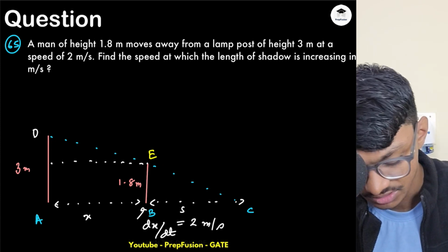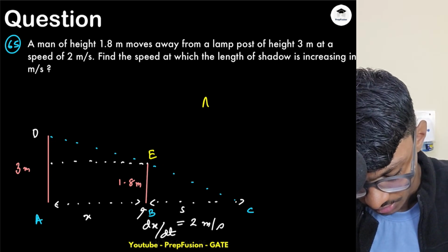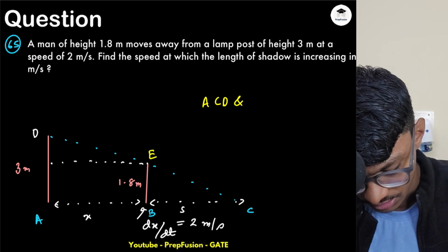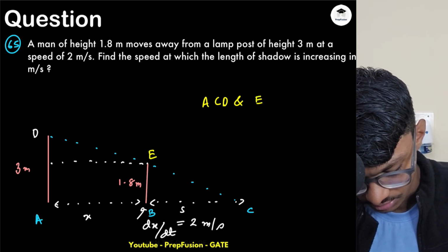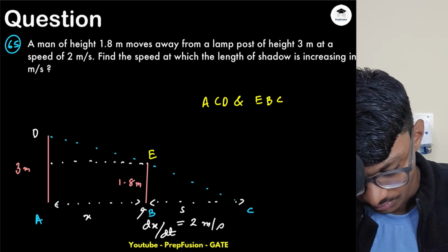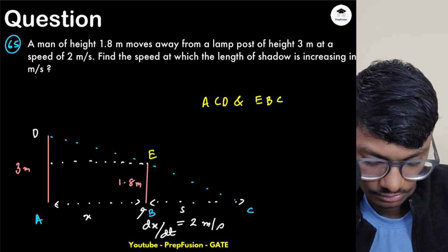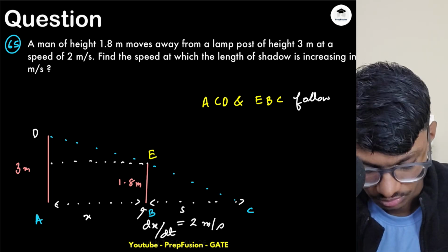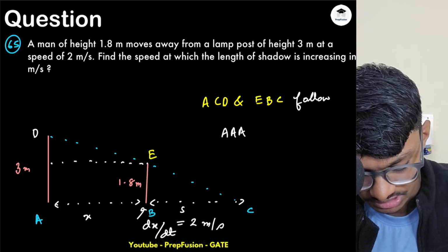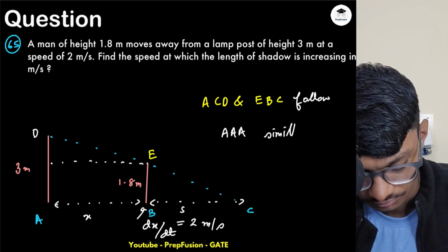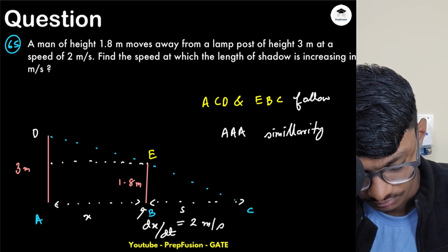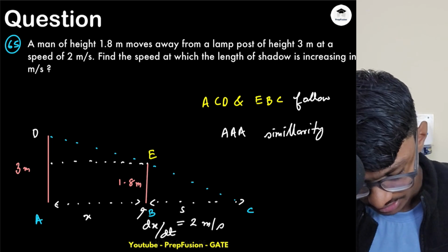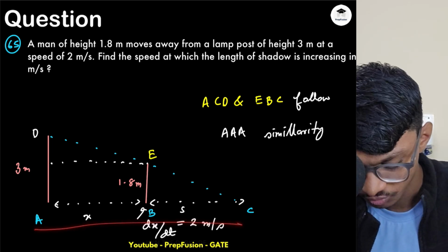So triangle ACD and EBC follow angle similarity. So the ratios will be the same.